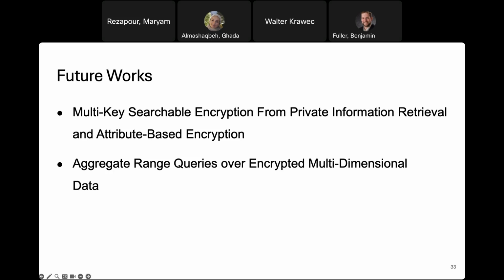And what is multi-key searchable encryption? So multi-key searchable encryption is a kind of searchable encryption that multiple users can query a remote server, and they can share files in a remote server, and each of them can search that remote server and receive all the records of other users that have that keyword searched.